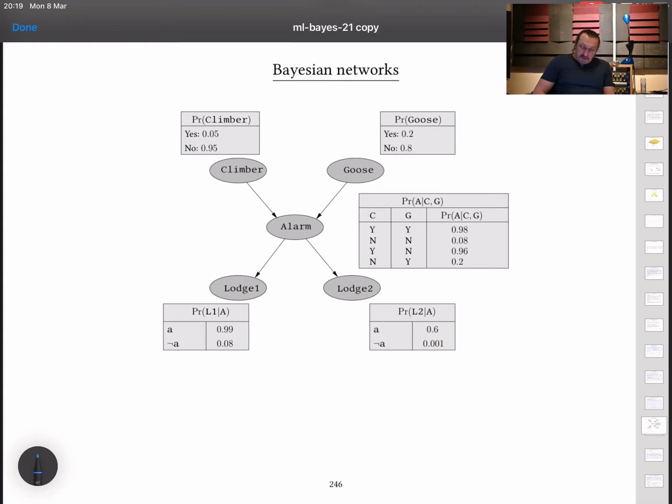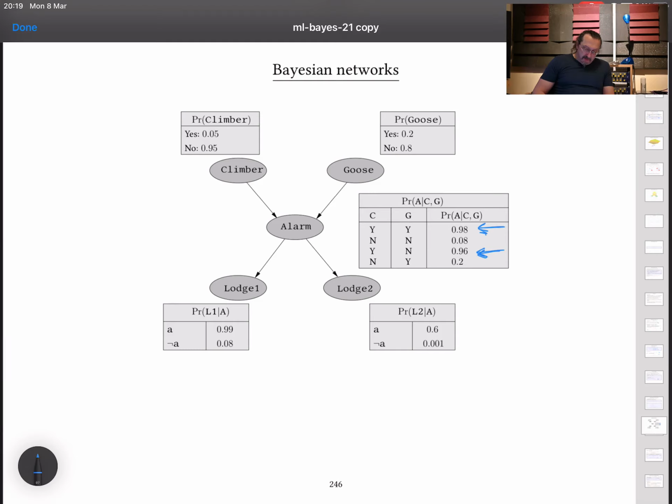And as you can see, it is very likely indeed to go off if both a climber and a goose are present. Slightly less likely to go off if it's just a climber, but still good at detecting them. And rather less likely to sound if there's just a goose or if there's nothing at all.